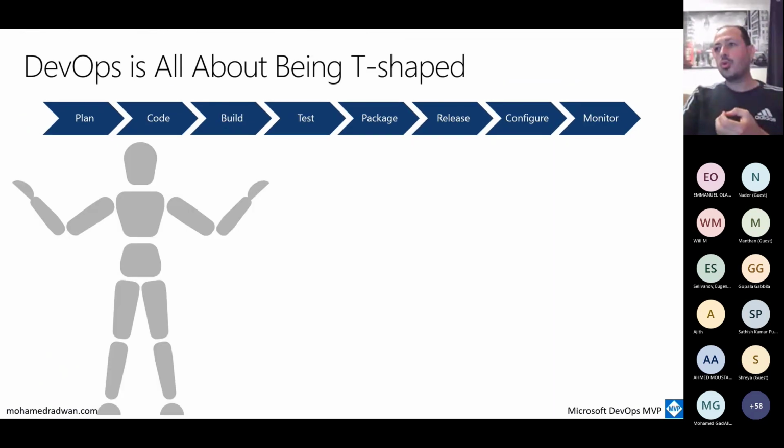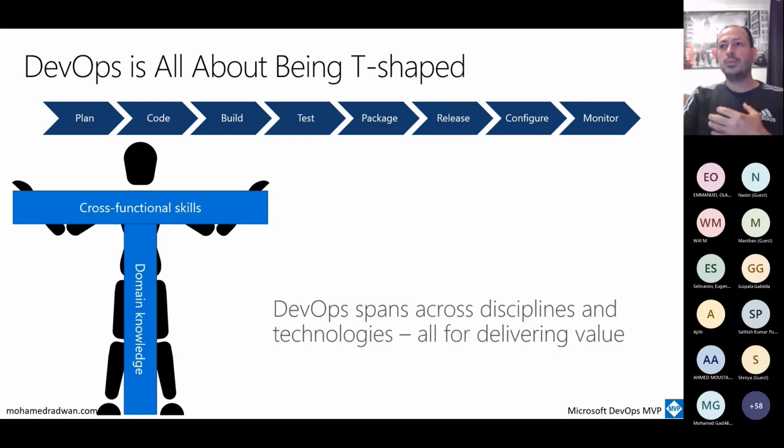The DevOps role is all about having T-shaped skills. Being T-shaped means you have cross-functional skills, but you have a vertical domain knowledge, and this is completely different from other roles, which don't require T-shaped skills. But DevOps is all about being T-shaped.